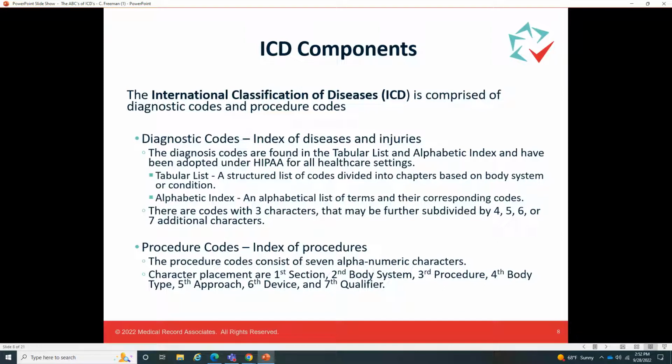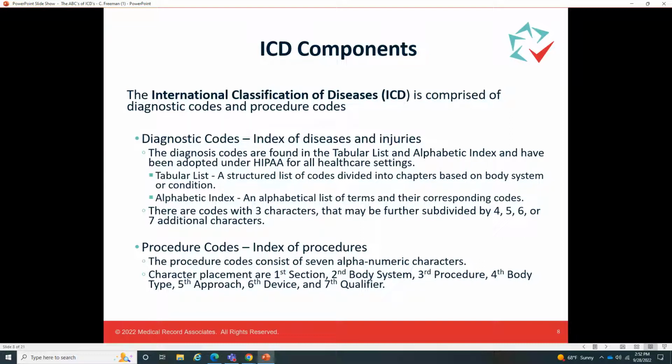What are the components of an ICD code? An ICD code is comprised of diagnostic codes and procedure codes. Diagnostic codes are an index of diseases and injuries. They are found in the tabular list and alphabetic index of the diagnostic code section, and they have been adopted under HIPAA for all healthcare settings.